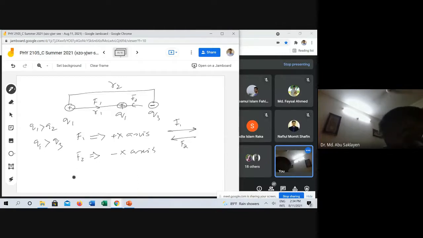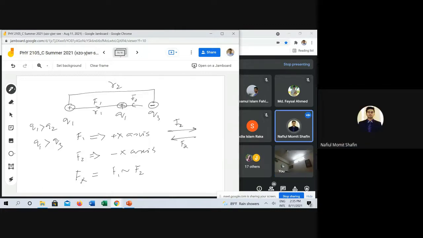Which one is greater? We don't know actually. So what will be the resultant? The resultant will be the difference of F1 and F2. The smaller is subtracted from the bigger.